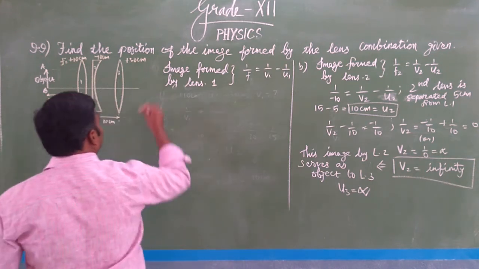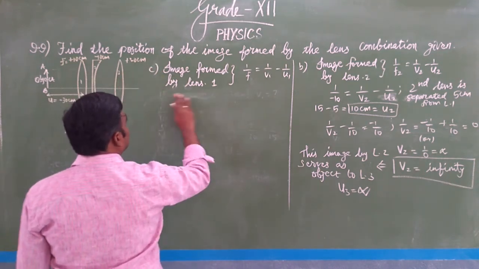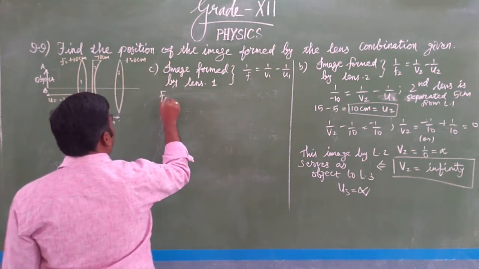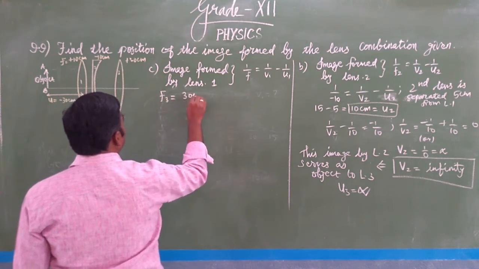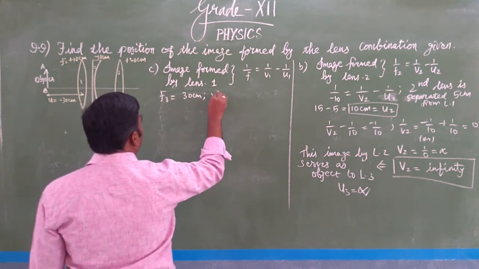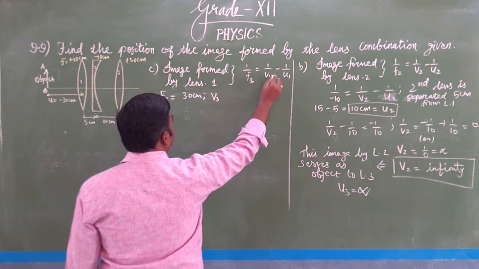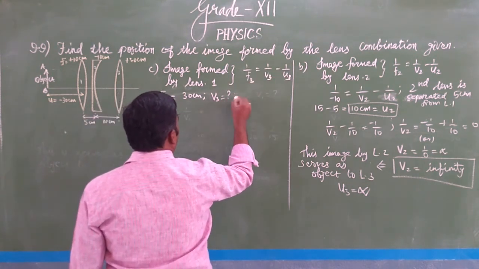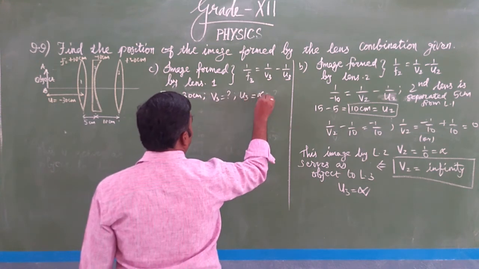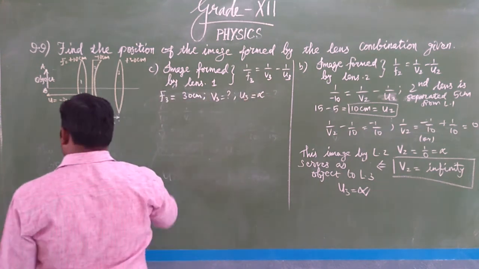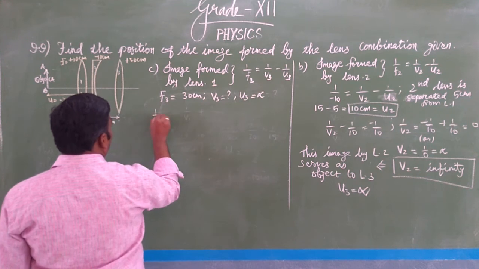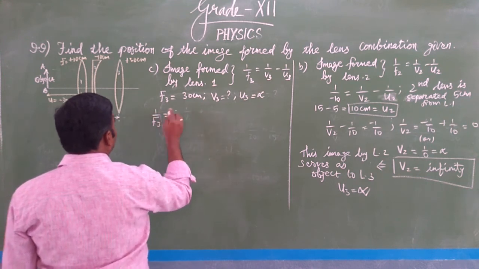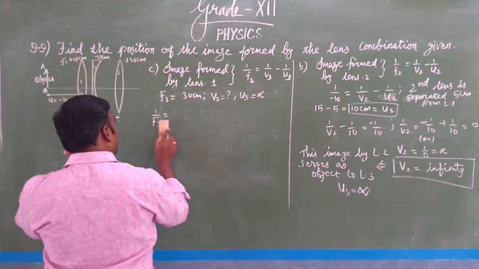So for the third case, they have given the focal length. The focal length of the third lens is plus 30 centimeter, and we want to find V3, and U3 is equal to infinite. So substitute all the values. The formula is already written.